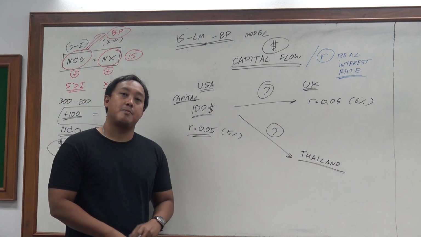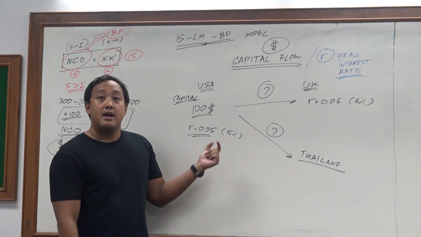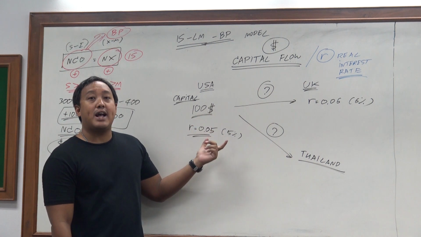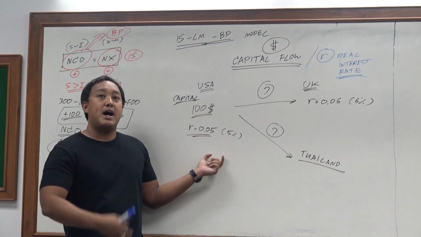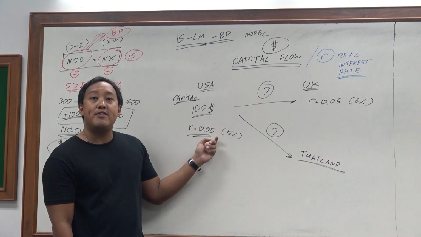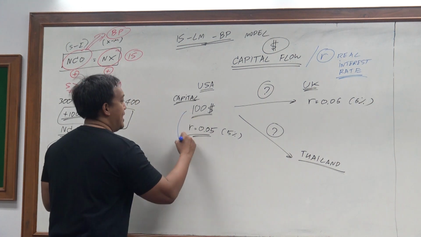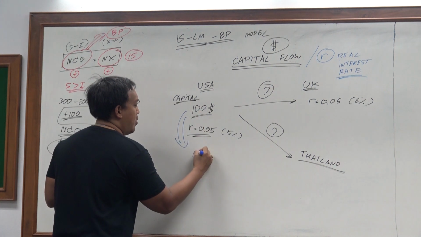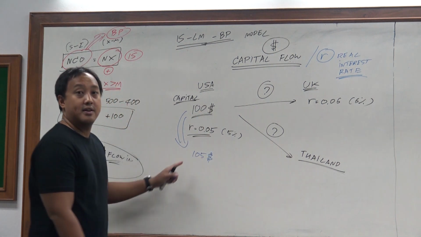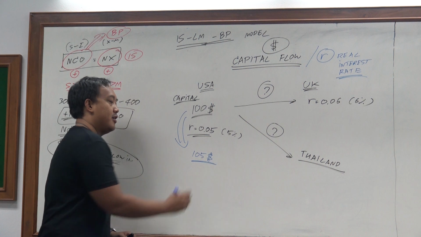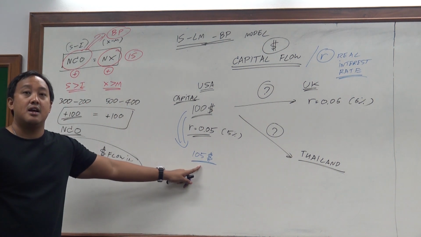So what does it mean? If you keep your capital in USA, by the end of the year the return is only 5%. If you keep your money in USA, by the end of the year 100 million becomes 105. You got it? This is your return. Your return is 5 million.